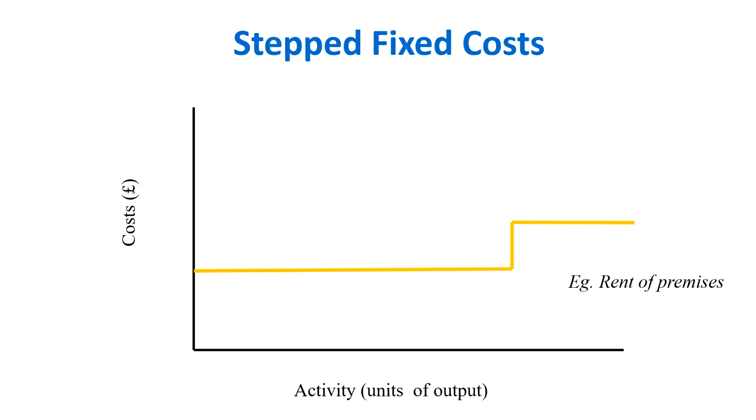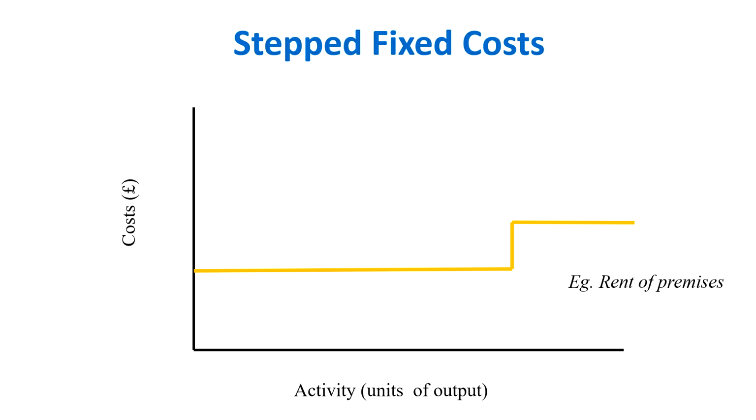And that's represented here on the graph by the point at which the yellow line steps up. So when that point's reached, the cost steps up to indicate additional space being rented. So, as we can see there, the line takes the shape of a step.